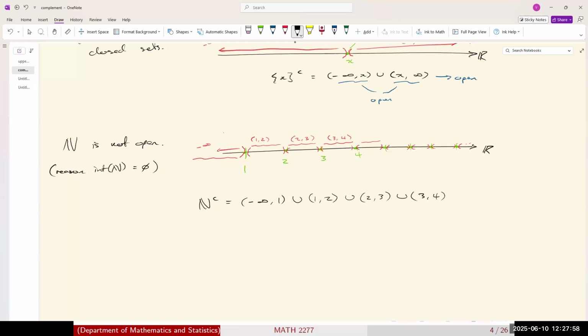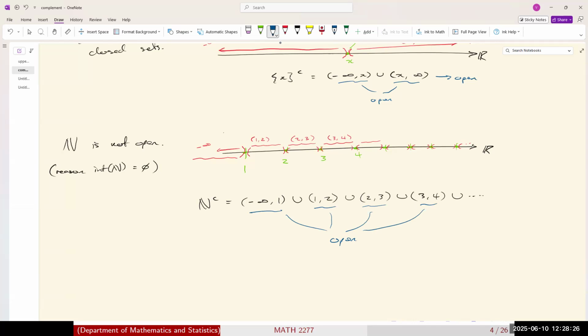But it turns out all the spaces in between I could write as open intervals. Okay, and what do I know about all these open intervals? Well, you know that open intervals are open sets. All these guys are open sets. So I could write the complement of the natural numbers as the infinite union of open sets.